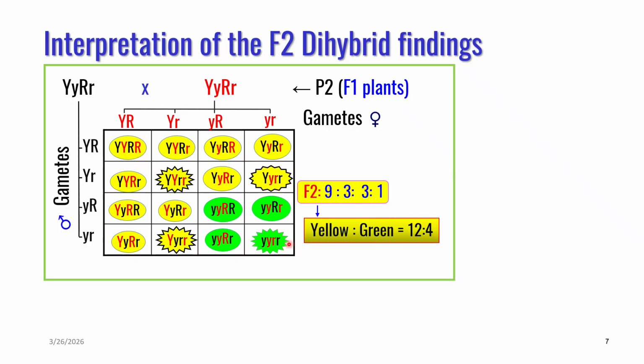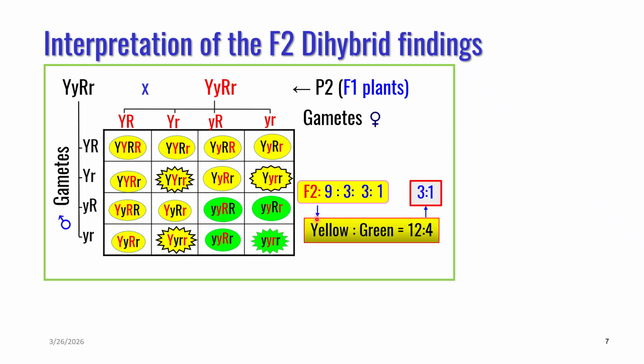So this supports the law of segregation, and this 9 is to 3 is to 3 is to 1 also supports the law of independent assortment. It means genes for different traits do not interact, they are independent of each other. This is also proved by the monogenic ratio. They maintain a monogenic ratio close to 3 is to 1.